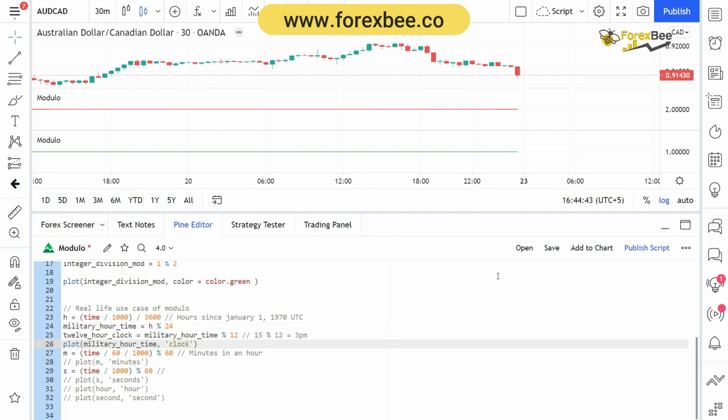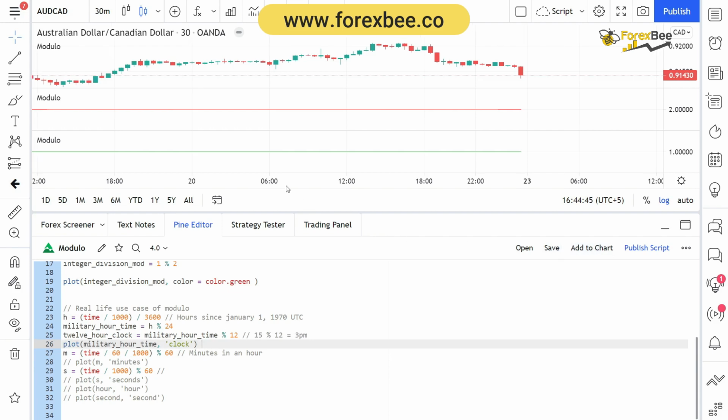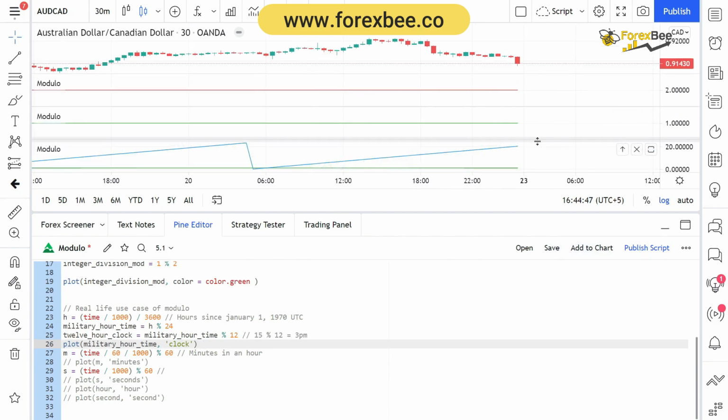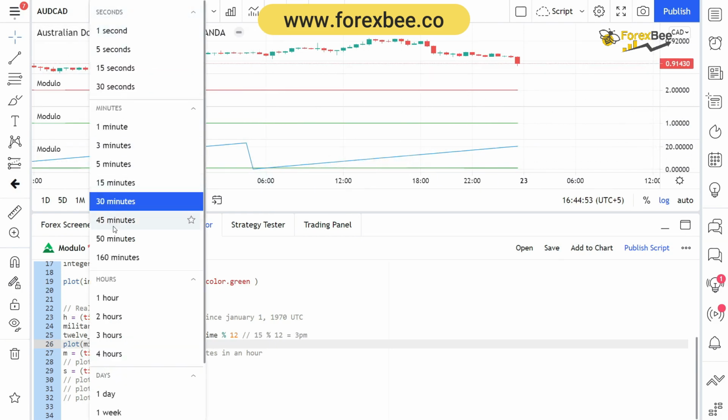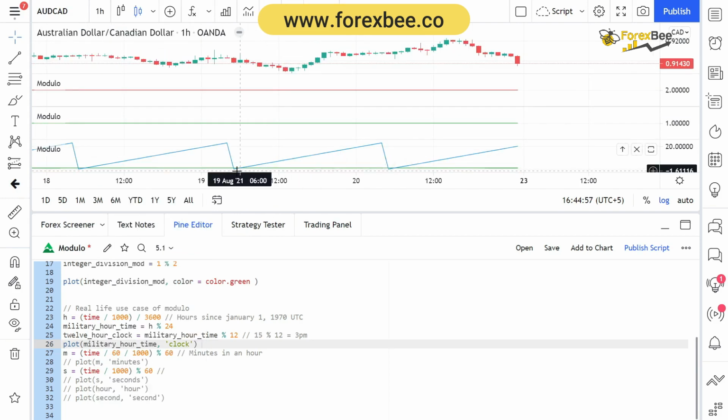Now if we plot this, it's going to give us the hours. Here you can see 0, 5, 6, 7. Since we are on the 30-minute time frame, let me go to the hourly time frame. Here you can see 5, 6, 7, 8, 9, and it is giving us the time in military format.